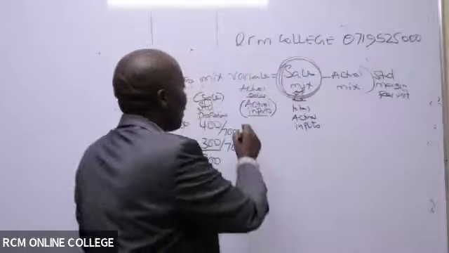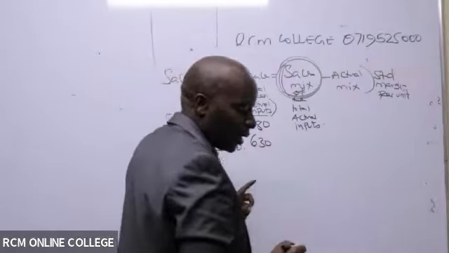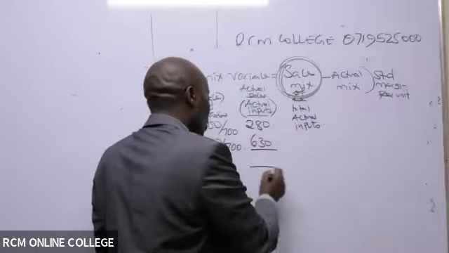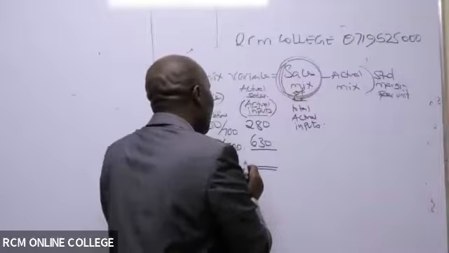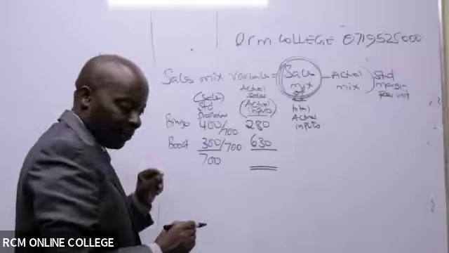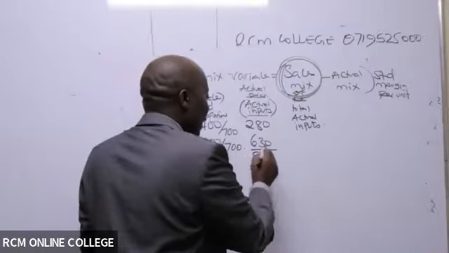And then the other one we sold 630. Please give me the total here. This is a very, very important metric. So we have here 910.